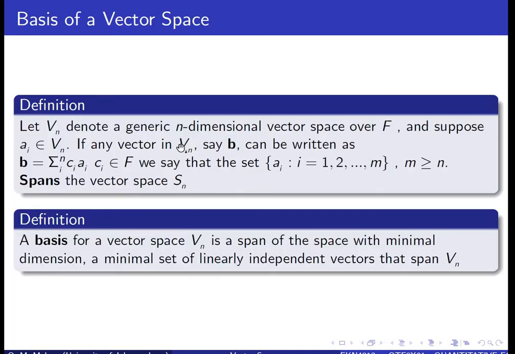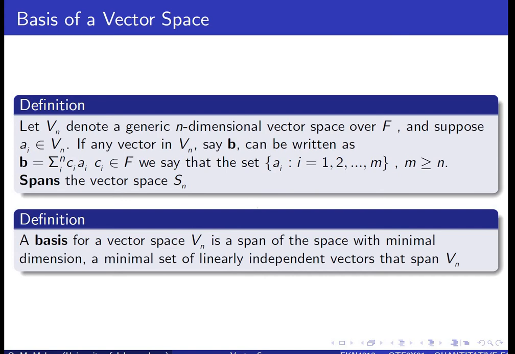We covered some of these concepts in second year, so I'm not expecting these to be completely new for you. Let Vn denote a generic n-dimensional vector space over F, and suppose that Ai is an element of Vn.